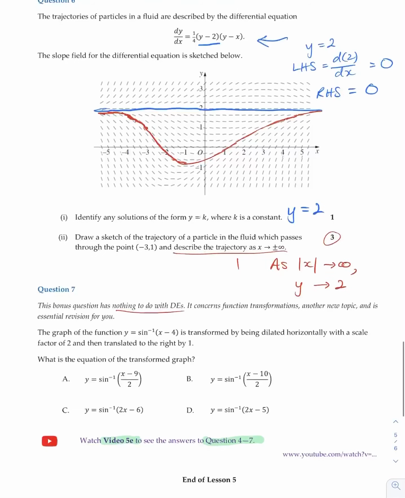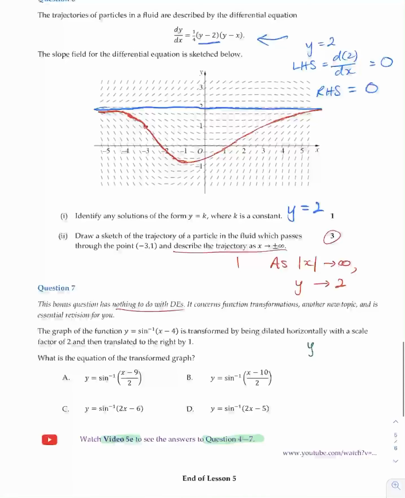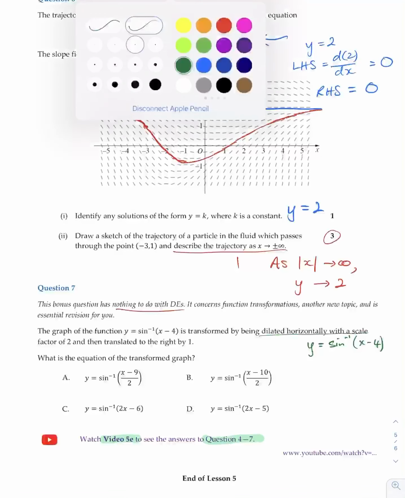So we're starting with y is inverse sine of x minus 4. The first thing we do is dilate horizontally with a scale factor of 2. I suppose I should actually colour code this, shouldn't I?